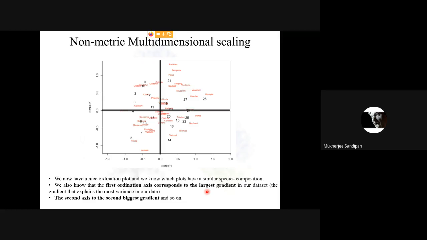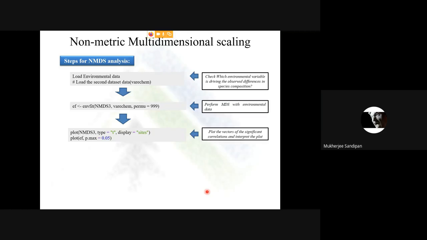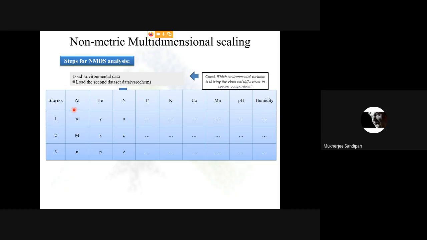Now, when you have the site and species similarity plot with you, on a third diagram you can also plot environmental parameters. To do that, you can read your environmental data set. Your environmental data set should also look like this. You put all the environmental parameters as columns and your sites as rows.